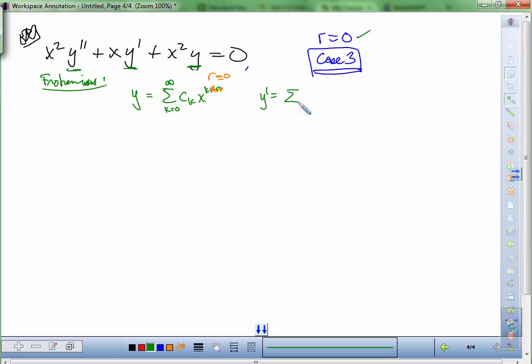We used to do something when we took derivatives of power series. When we took derivatives of power series, we just knocked the other one out and said, that doesn't matter because it's equal to 0 anyways.